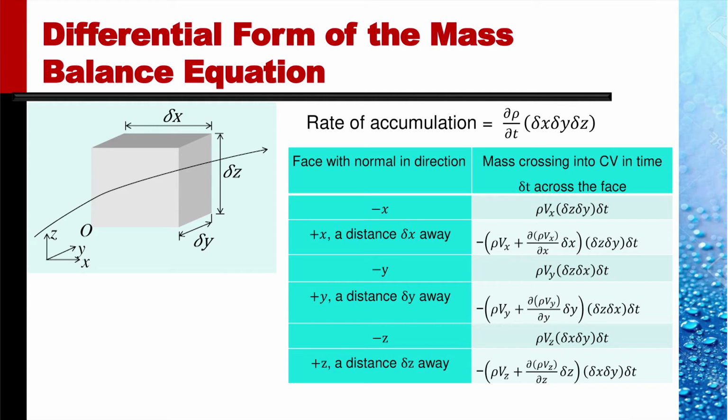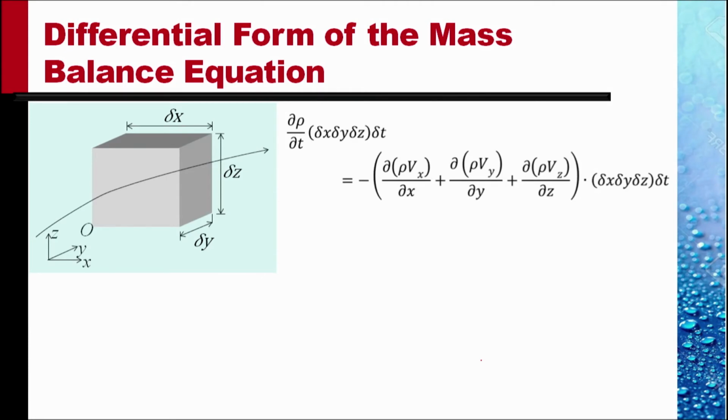The net influx is obtained by adding these 6 terms, so that the accumulation, del rho by del t into the volume times delta t, is given by the remaining terms of the efflux, with the negative sign for converting this into influx.